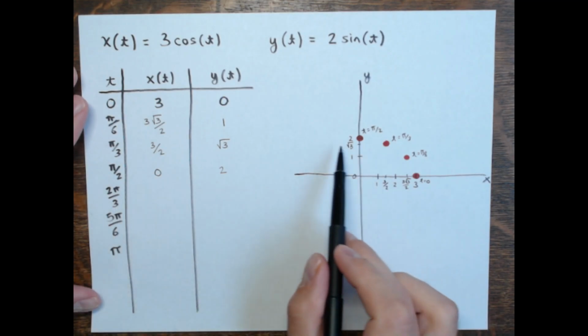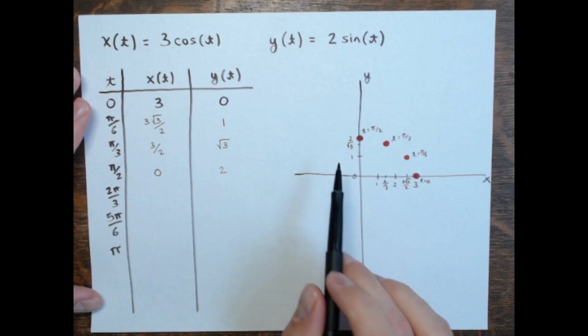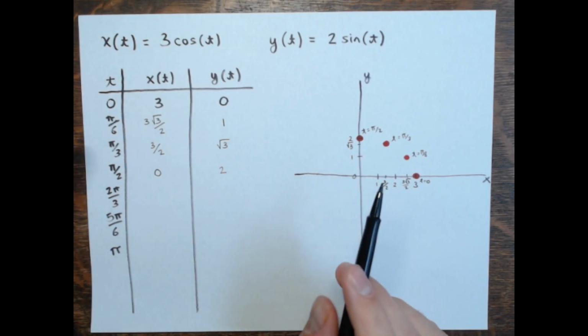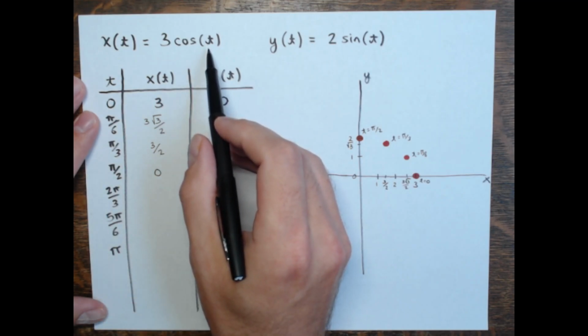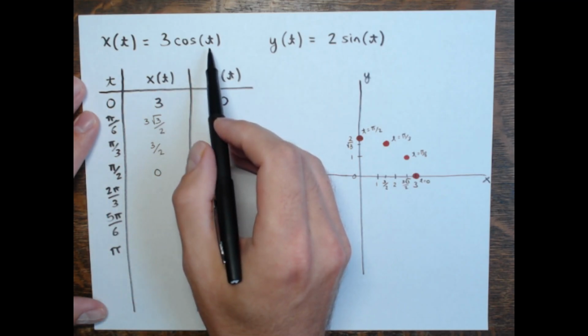All right, and then we're going to have pretty similar looking points with just negative coordinates, and you'll see. So when t is 2 pi over 3, I'm going under the x formula here.